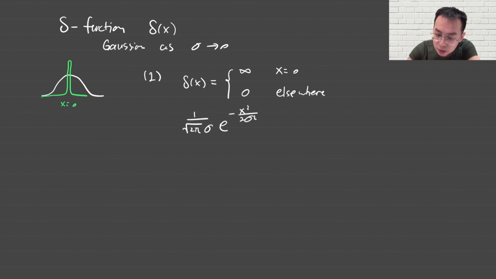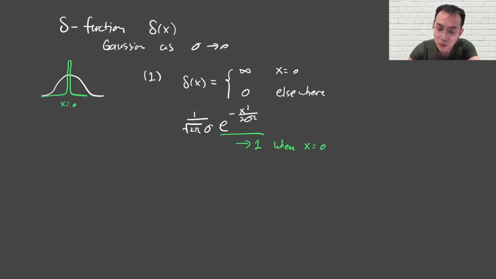When we take x equal to 0, this exponential term goes to 1, so this whole thing goes to 1, and all we are left with is the first term here.